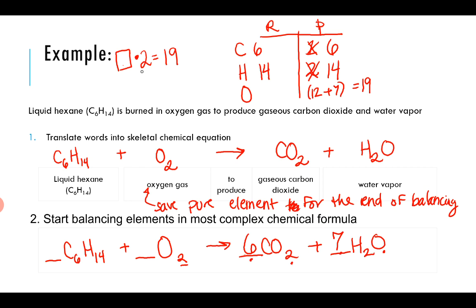If you were in algebra, they would say, just divide both sides by 2. And then you're like, boom. What goes there is 19 halves. And so now 19 halves times 2 is 19.